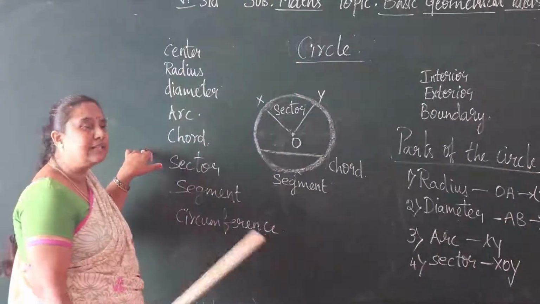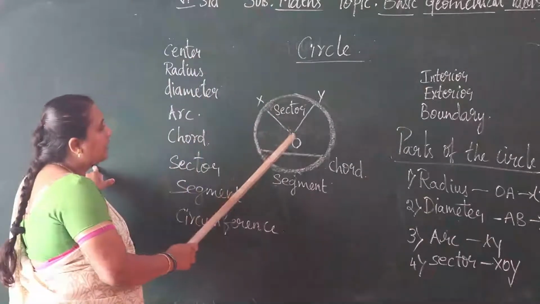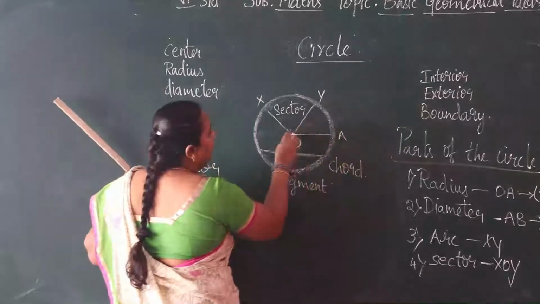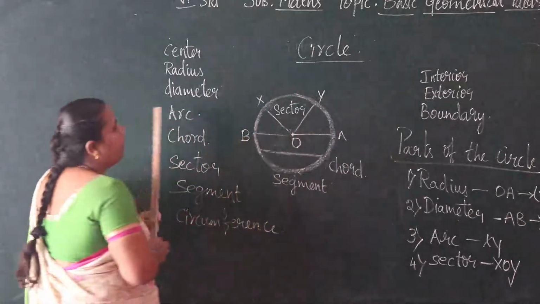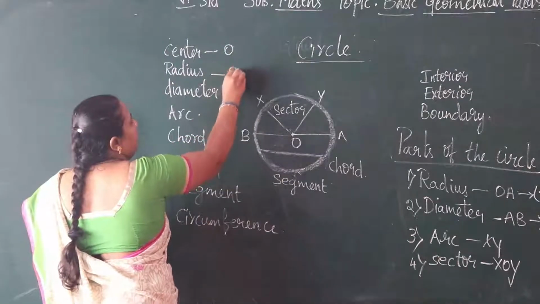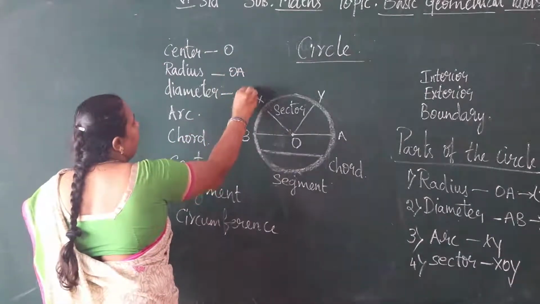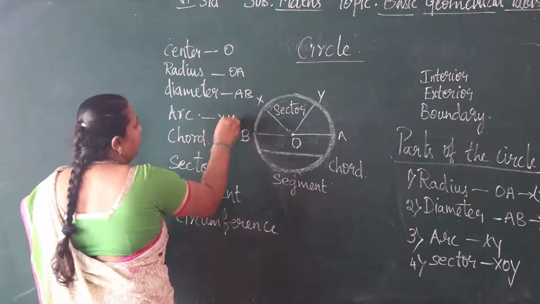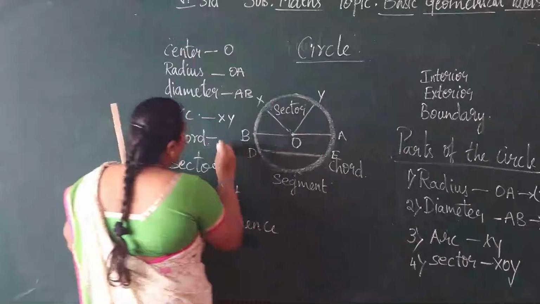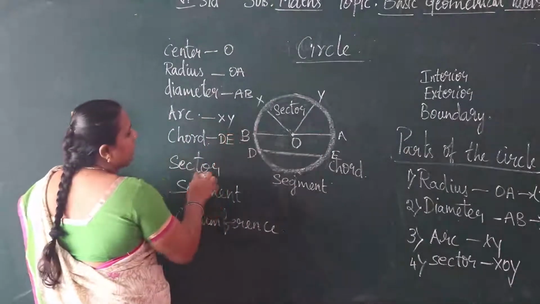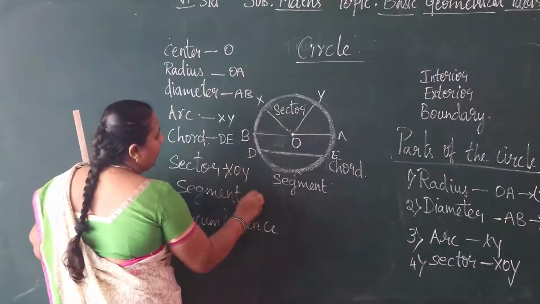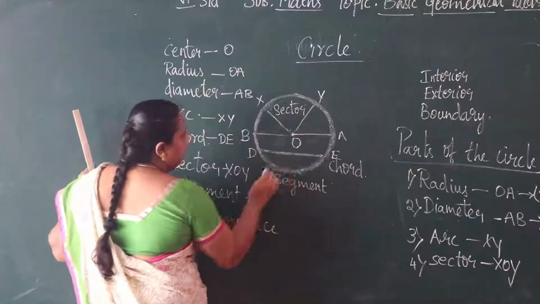Let us read again. Center of the circle and radius of the circle. This is OA, radius of the circle, and AB, center O, radius OA, diameter AB. Arc XY, chord DE, and sector XOY, segment DE.